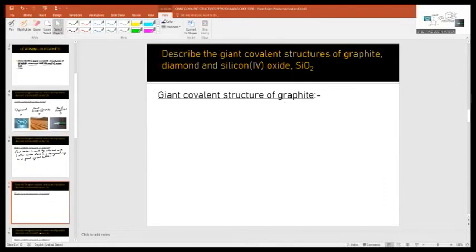I'm drawing the structure of graphite so that you will have a better idea about its structure. You see, each carbon is bonded to 3 carbon atoms and they form a hexagonal ring.